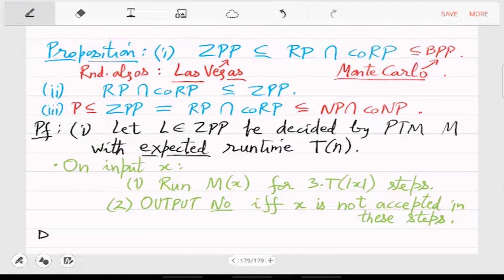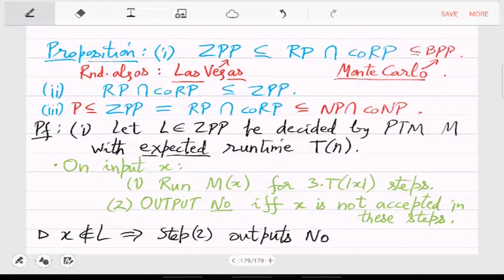So if X is a no string, then definitely you will output no. Right, because you will simply not see yes in this algorithm, so you will output no. So that's correct, no error.